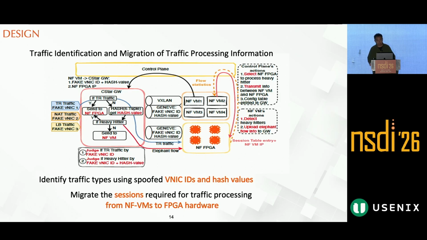Upon detecting an elephant flow, the NF VM sends the flow identifier, the pseudo-VNIC ID and the hash value to the gateway via the control plane. The gateway then redirects subsequent packets to an NF FPGA. Meanwhile, the NF VM's session entry is migrated to the FPGA. The FPGA installs this entry and executes exactly the same action as the NF VM, ensuring a seamless handoff.